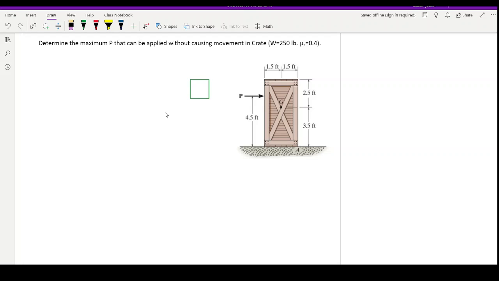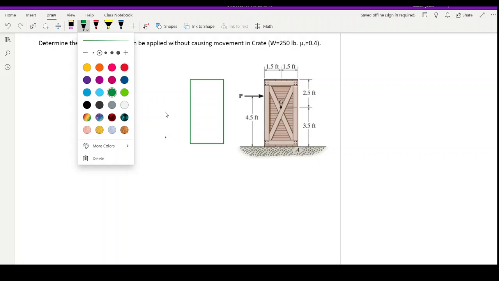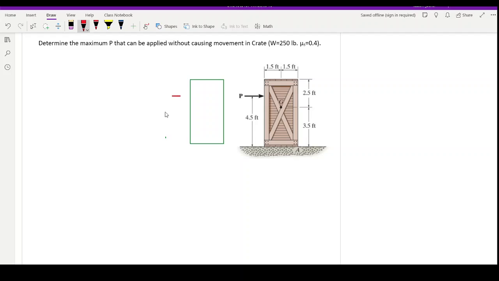Your book has a configuration in which it shows you how you need to draw the FBD for a case like this. Now we have P that we have to show, that's equal to we don't know, and it's located at 4.5.